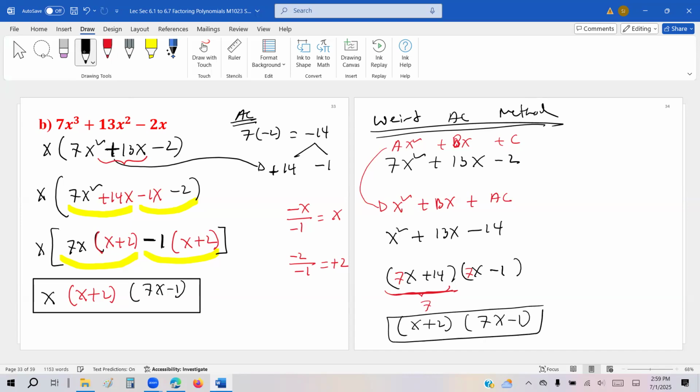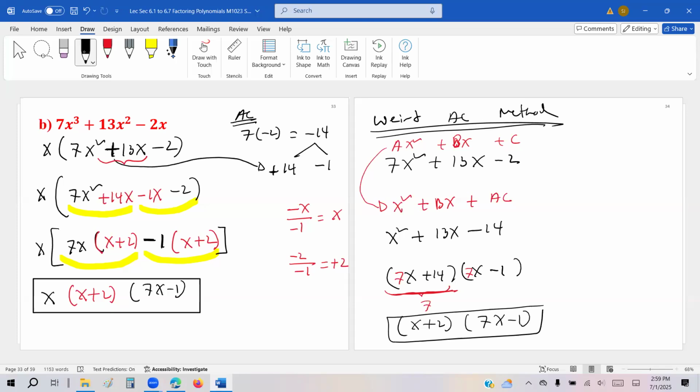That's it. So it's weird, because you're doing something completely weird. First weird thing is we are not writing A, and instead of C, we are writing AC. This is our first weird thing. But with this, our life became easier because we factor directly. But when you factor directly, now you have to consider this 7, so we write 7 on both of them.